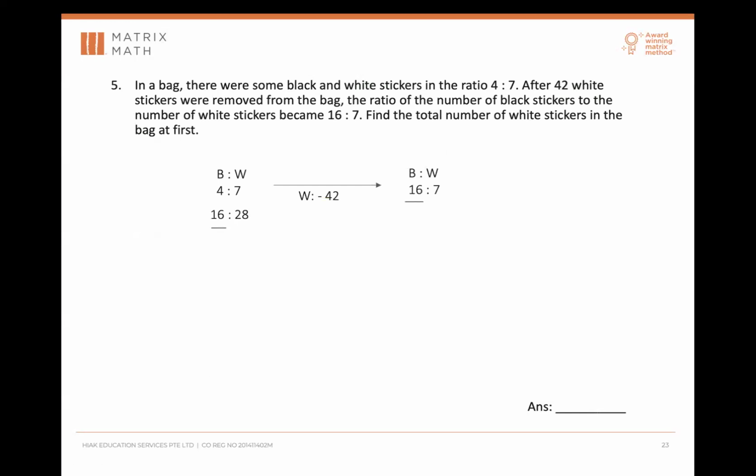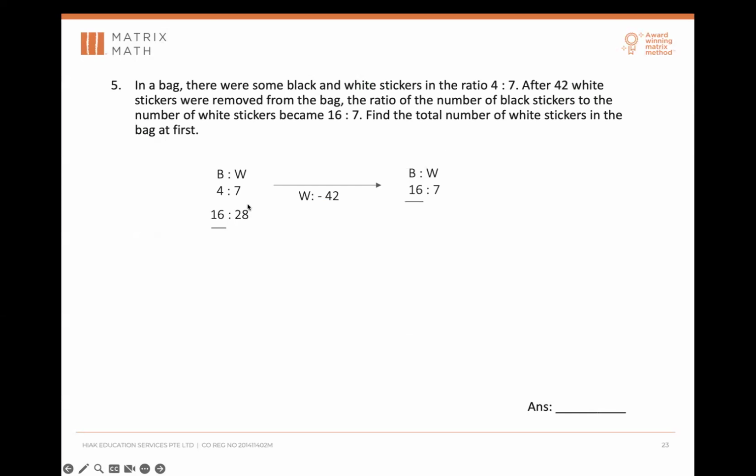After you get the common base, the next step you do is look for a value in the question. The value in the question is 42. And that relates to the white stickers removed. So we look at this value of 42 removed. We must ask ourselves the question, this value is represented by how many units?